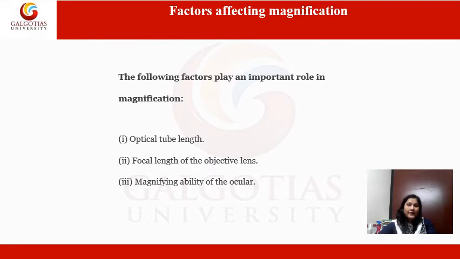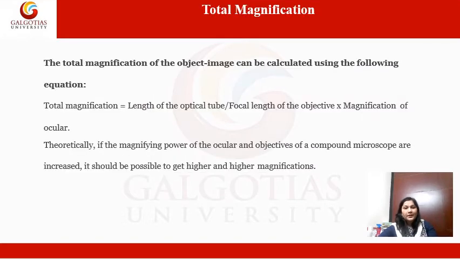Now coming to the factors that play an important role in the magnification of the microscope, and these factors are the optical tube length, the focal length of the objective lens, and the magnifying ability of the ocular. Okay. Now the total magnification of the object image can be calculated by the following equation.